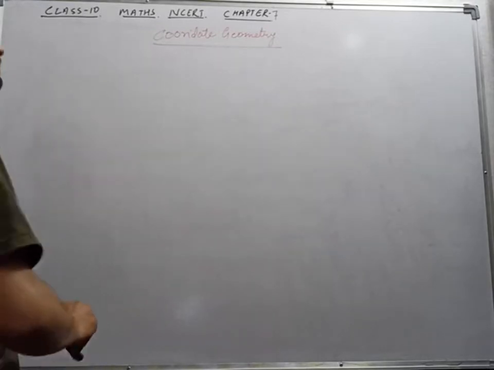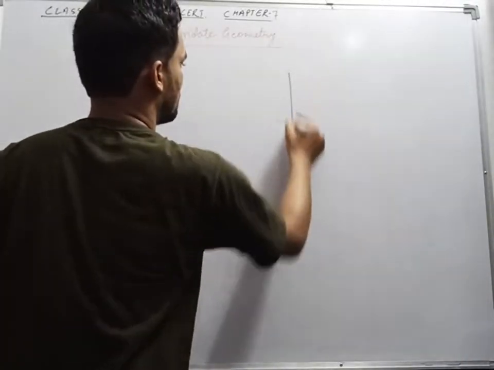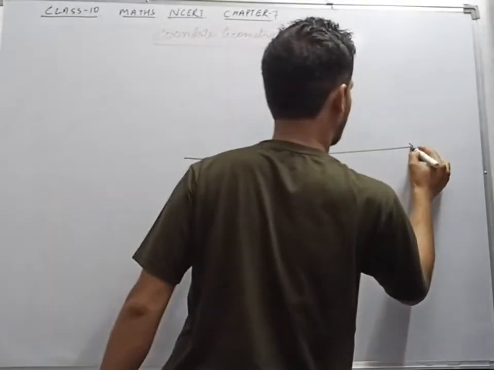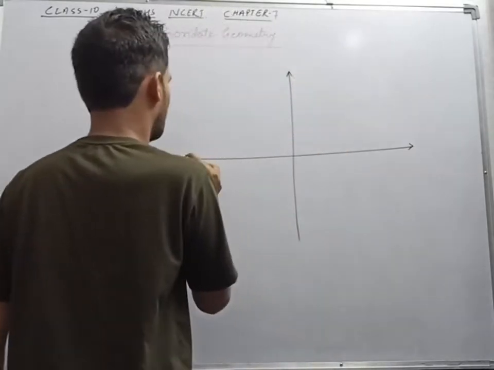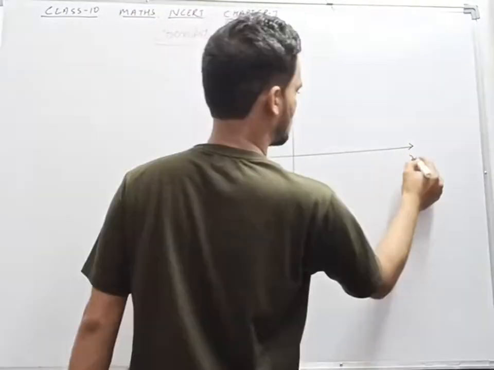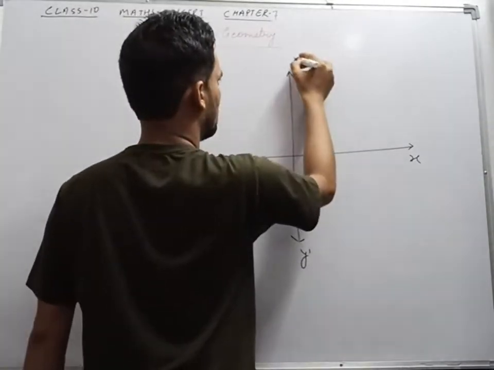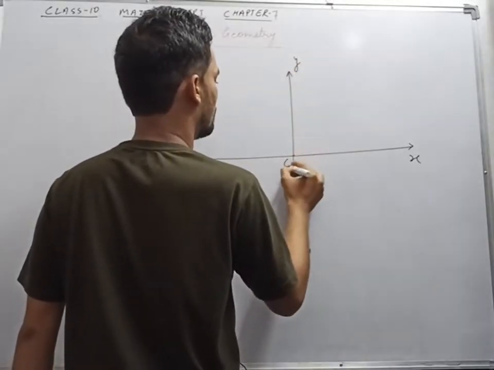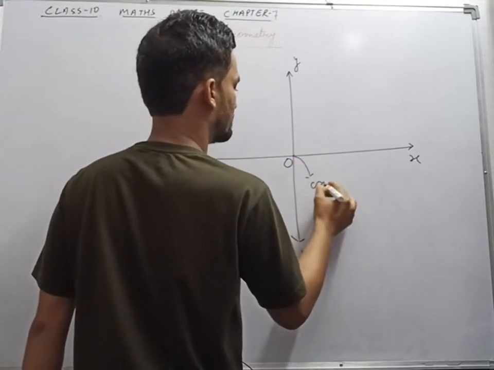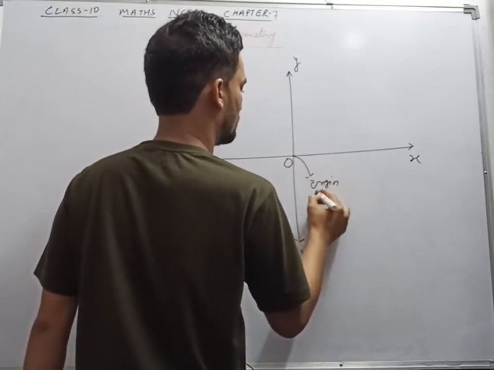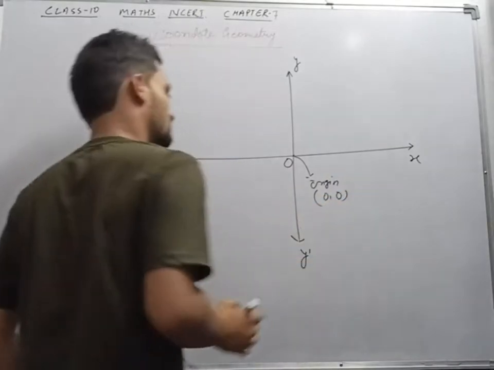So let us take a plane, a graphical plane. As you know, this is x dash, this is y dash, this is y, and this is O, that is known as the origin, and the coordinate of the origin is 0, 0.